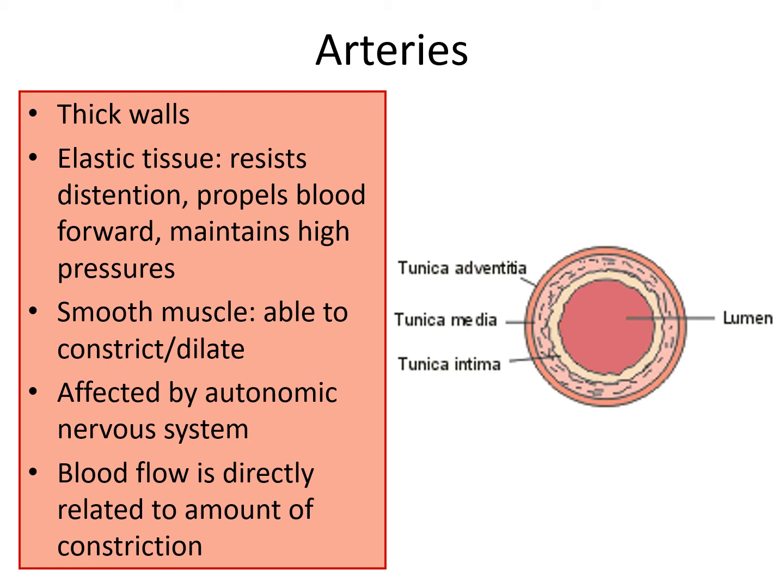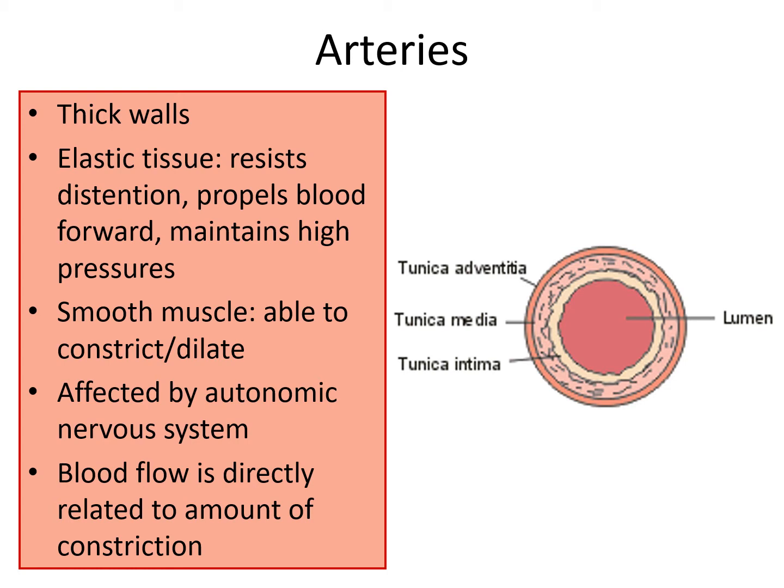In this slide, we're going to review the anatomy of the arteries. Arteries are muscular, elastic tubes that transport blood under the pressure of the heart's pumping action, which can be felt as the pulse. The pulse is what we assess as nurses.